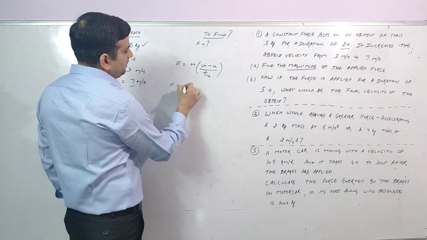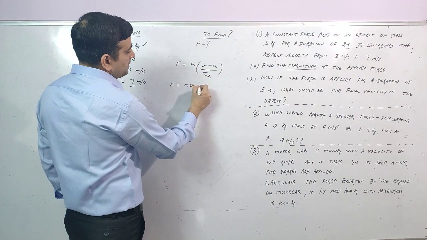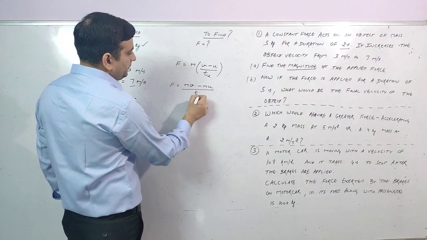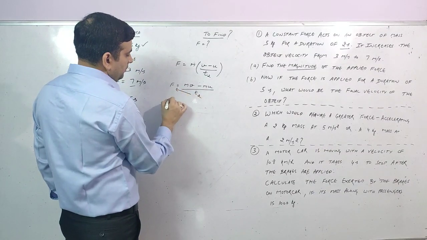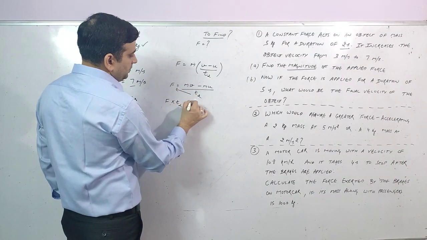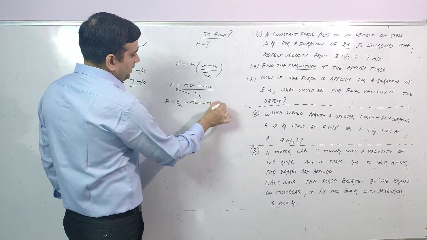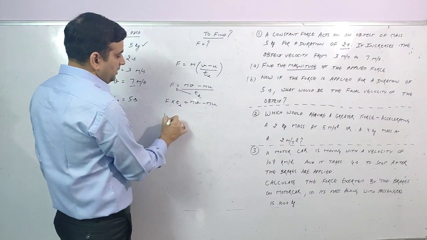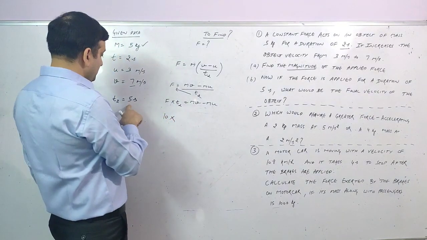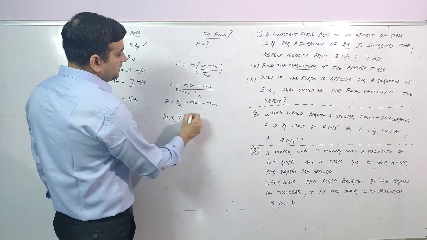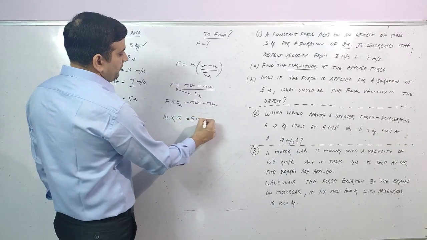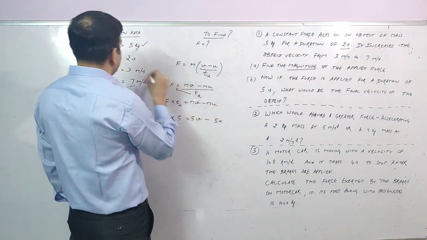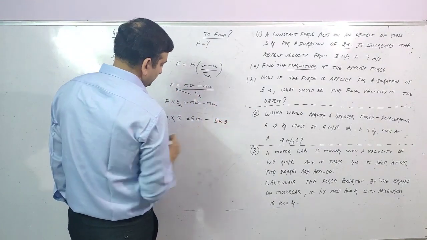F is equal to m(v minus u) by time t2. I am multiplying by time t2 and bringing it up: F into time t2 is equal to mv minus mu. Now I will put the values in the expression. What is F? 10, calculated in the first case. What is time now? 5 seconds. Mass is 5, final velocity we have to calculate, mass is 5 and initial velocity is 3.